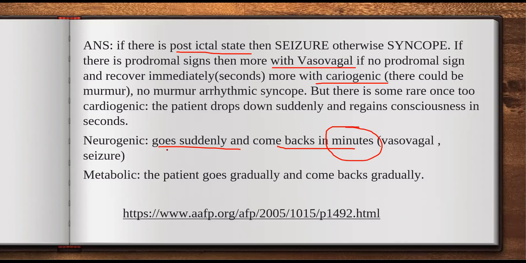Whenever they change their position, they have the syncopal attack. That's postural hypotension. Clear?